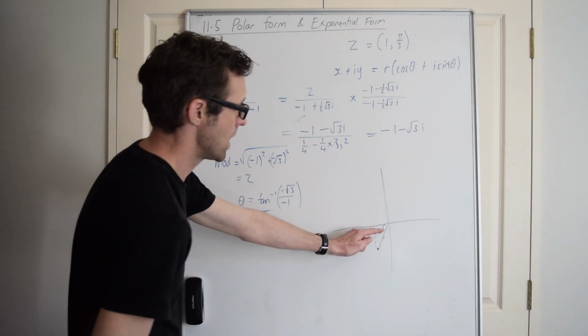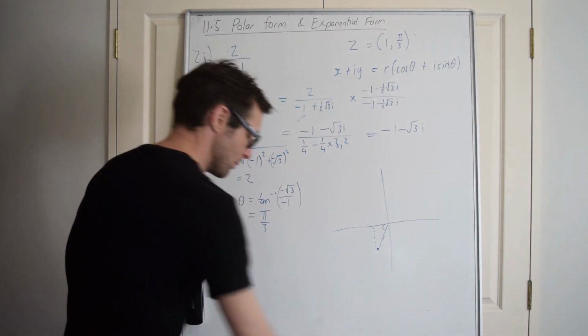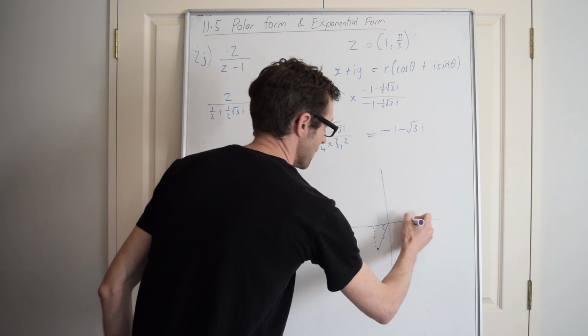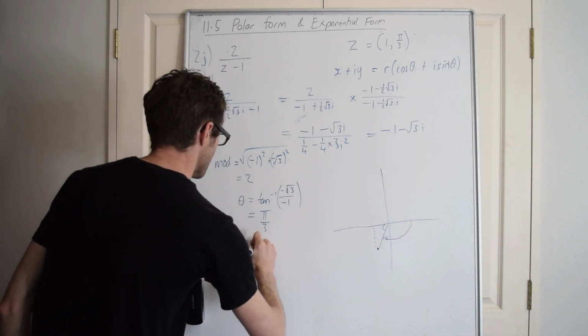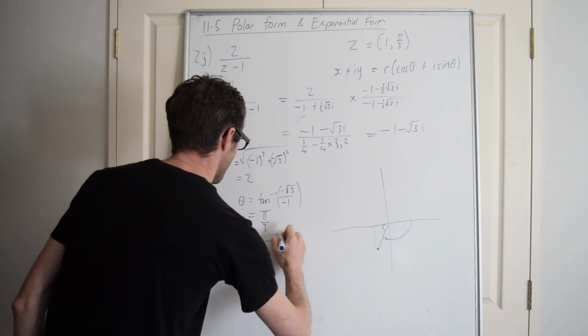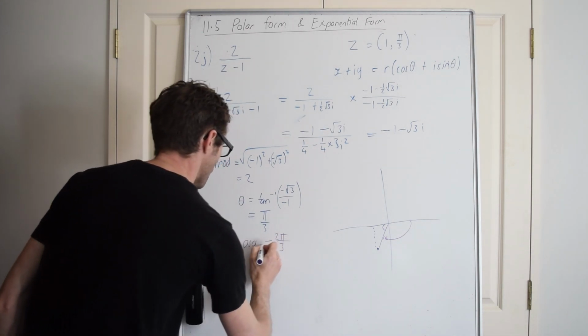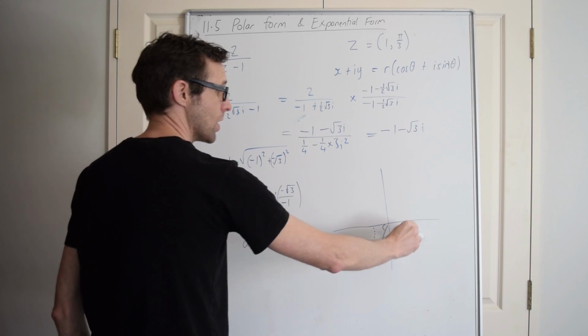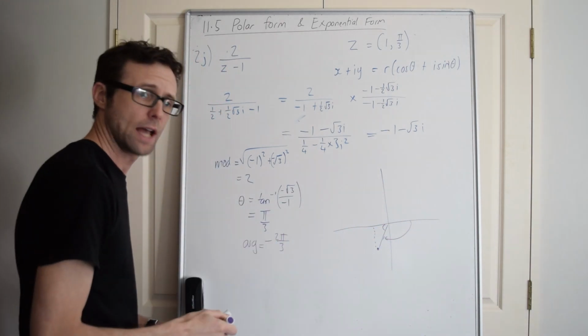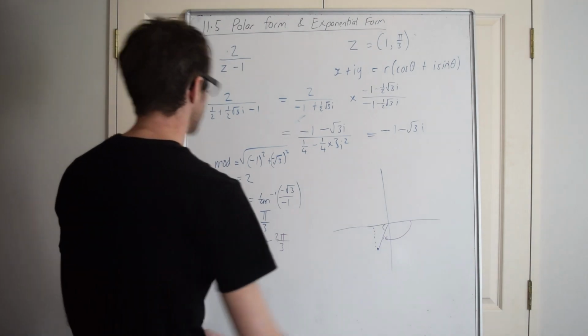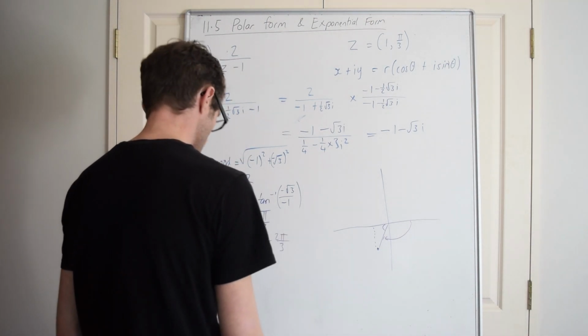So this angle is pi over 3, but remember when we're giving modulus and argument form, we start here and measure around. So the argument must be minus 2 pi over 3, and you might be wondering, why is it minus 2 pi over 3? Well, if we're going this way, it's minus. If we're going this way, it's positive. Okay, and there we go. That is question 2 done.